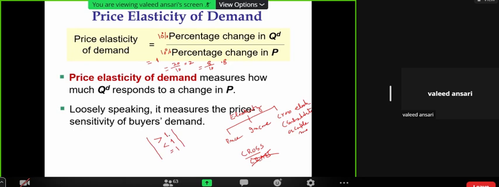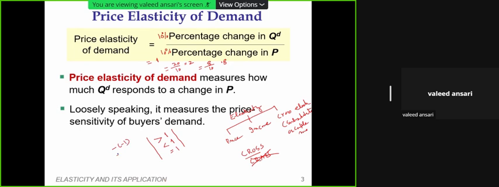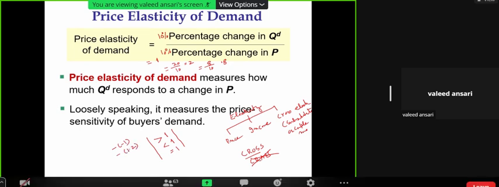Now this coefficient which we'll get will be a negative number, like -1, -1.2, something like that. Why? Because you know that the relationship between price and quantity demanded is inverse. That is why it has to be a negative coefficient.